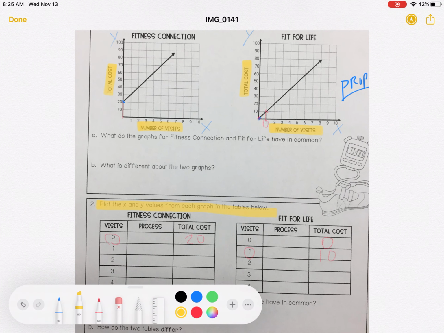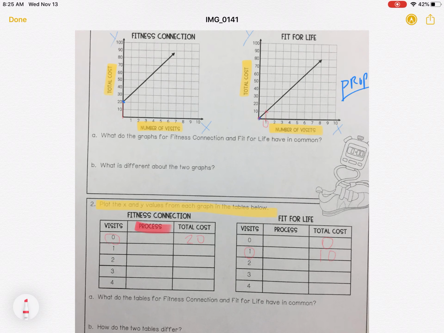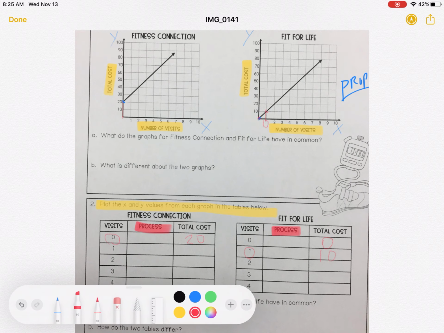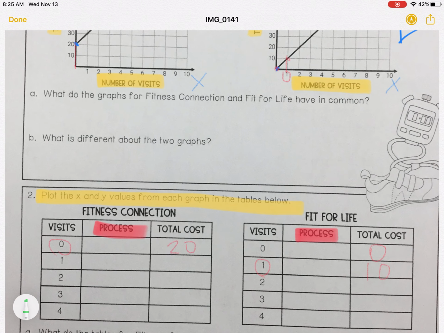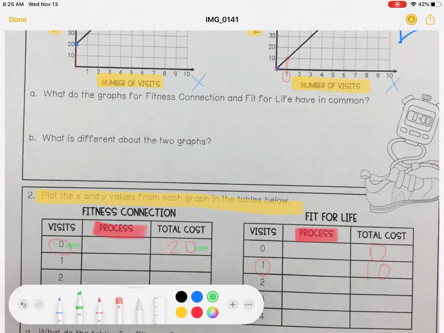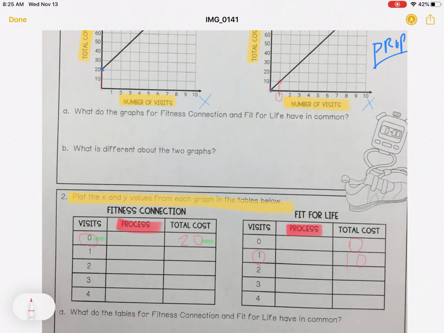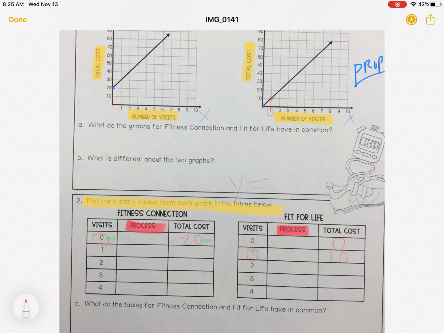Process. Process is the equation. What type of equation can we use to solve 0 visits to 20? Well, our equation is y equals mx plus b for non-proportional.